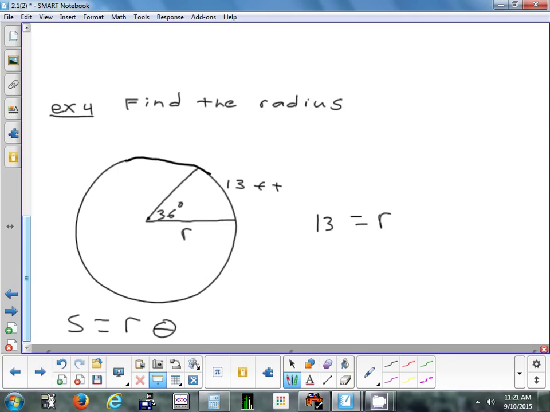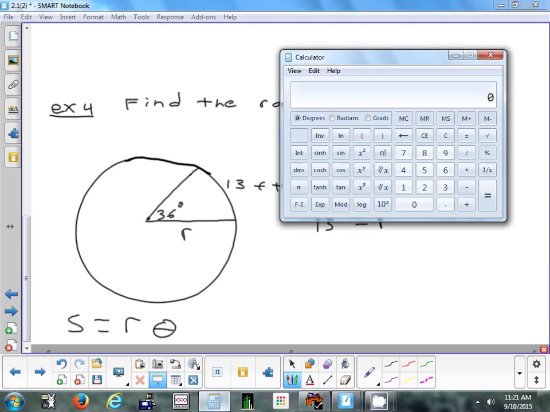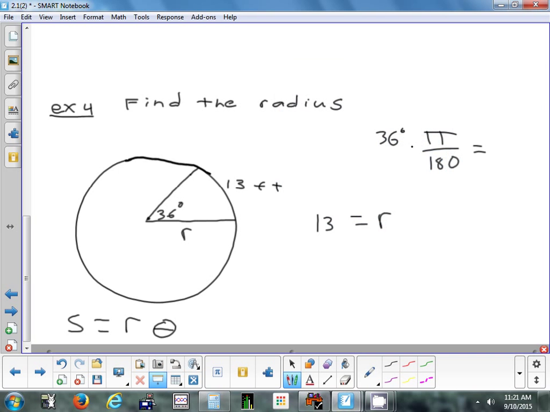Okay? It's got to be changed to radians. So multiply by pi, divide by 180. Okay, and 36 will go into 180 exactly 5 times. Okay, so our angle in this case is pi over 5. Now we can fill that in.